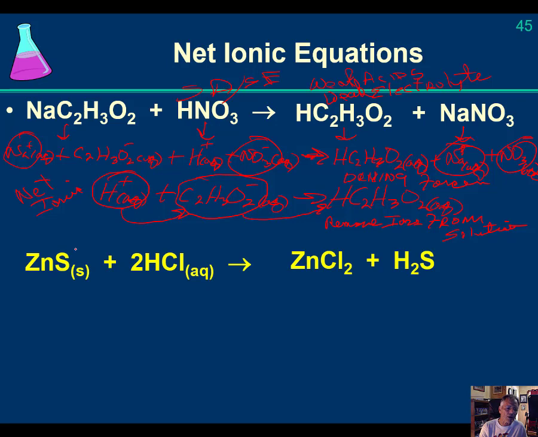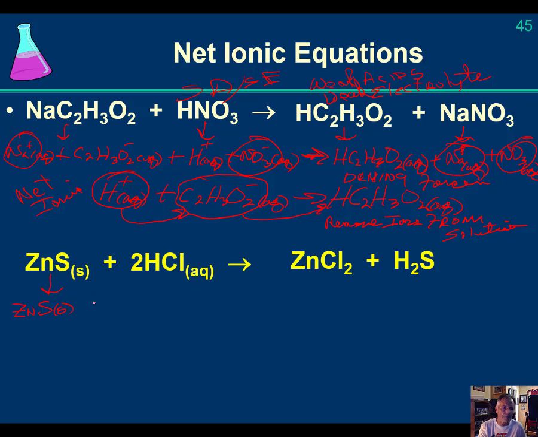Now take a look at sulfides, which are on the bottom half of the solubility guidelines. And you see most sulfides are not soluble. There are exceptions, but zinc is not one of those exceptions. So we're simply going to pull this down as zinc sulfide. And it is a solid.